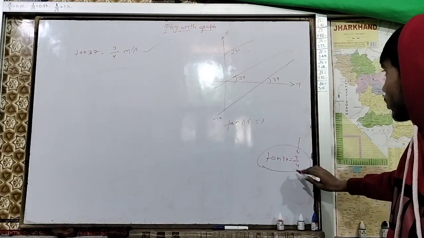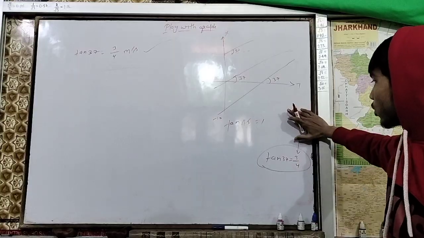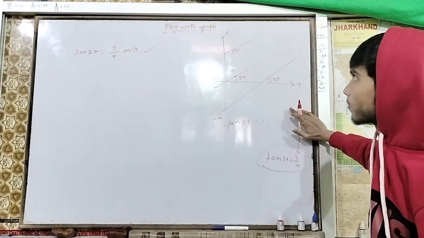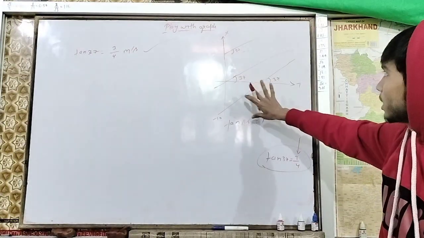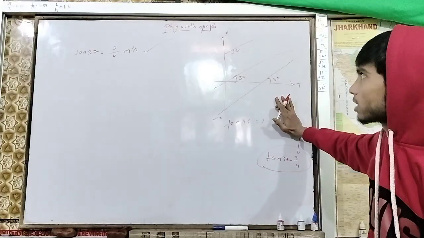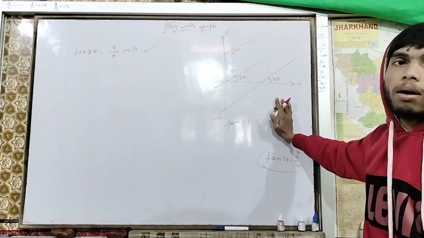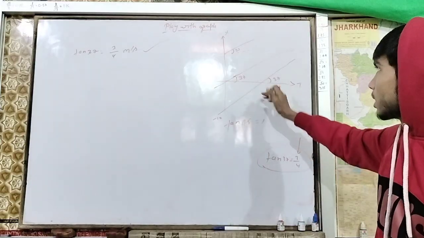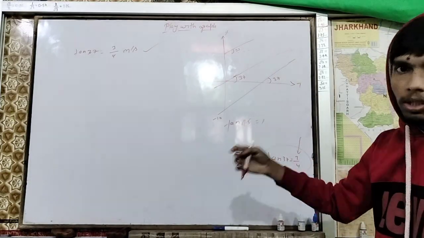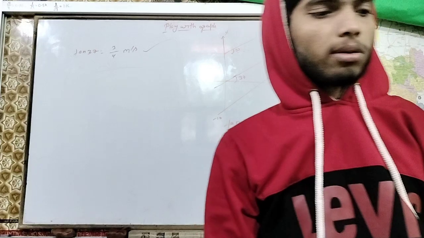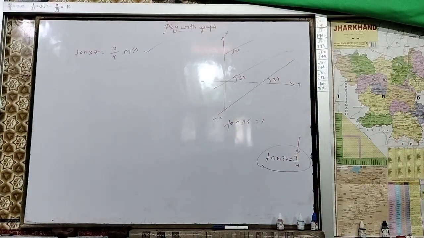I have written it over here. So in all 3 cases, the value is coming the same. In the 3 cases, the velocity is the same. With the same velocities, all 3 particles are moving.